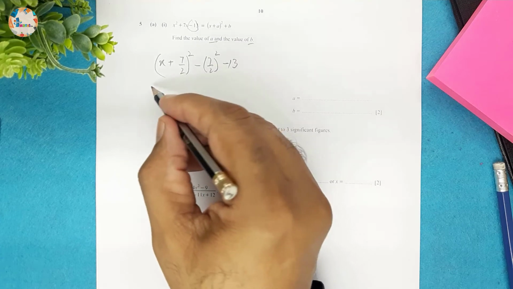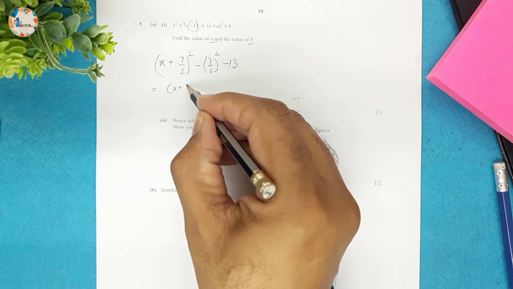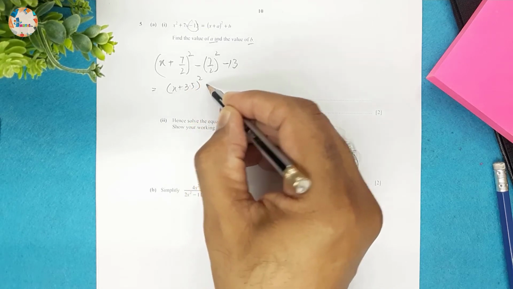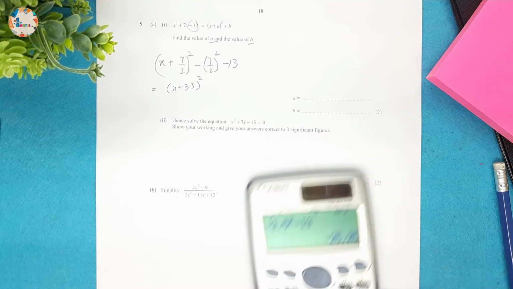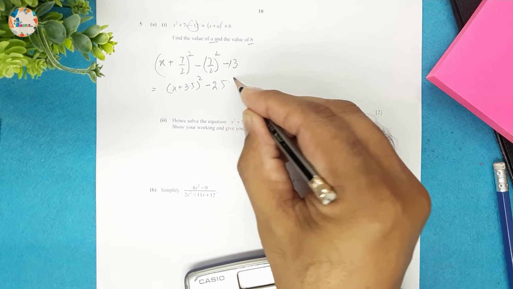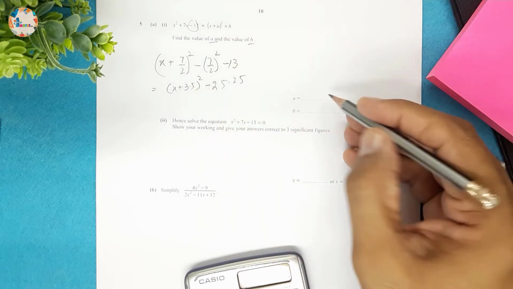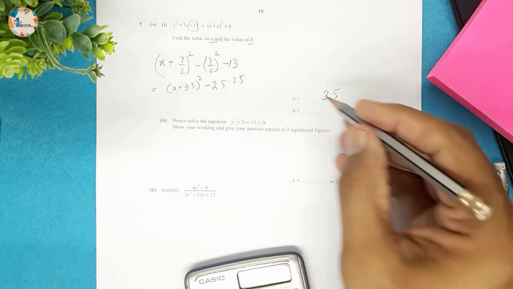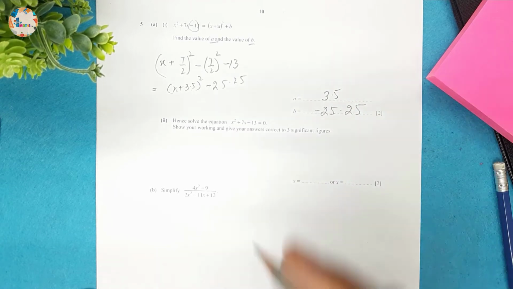This is the simplest way to write, and this one will be equal to x plus 3.5 squared minus 3.5 squared minus 13, and we can use the calculator to solve this. This will be equal to minus 25.25. So if we compare this, the a value is basically 3.5 and the b value is minus 25.25. This is done.